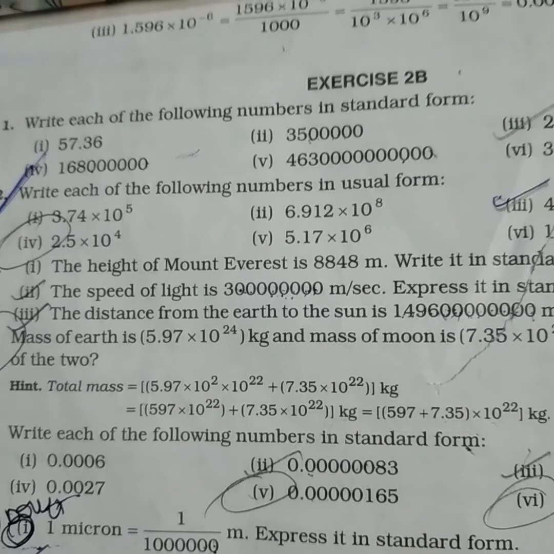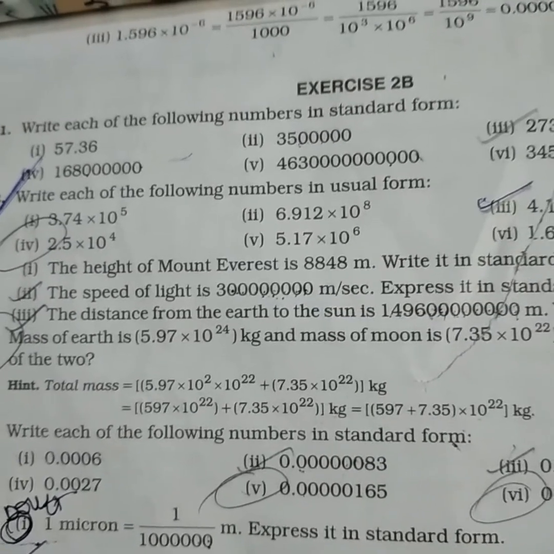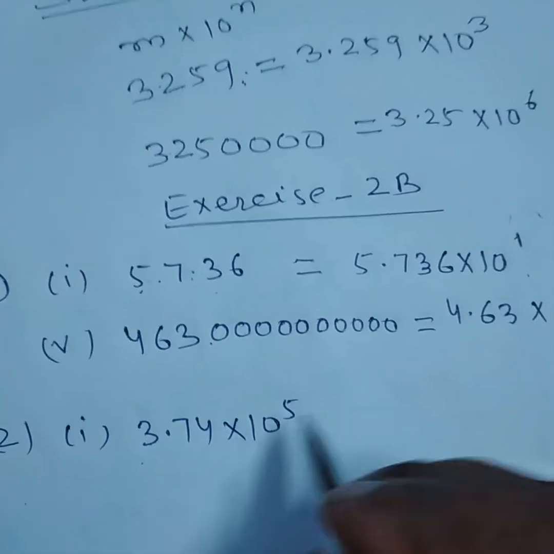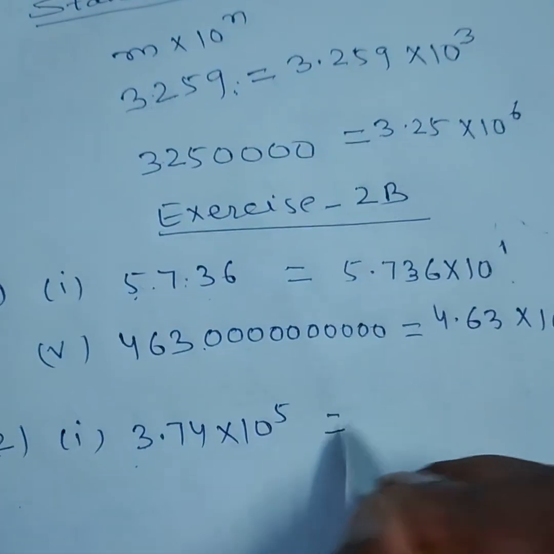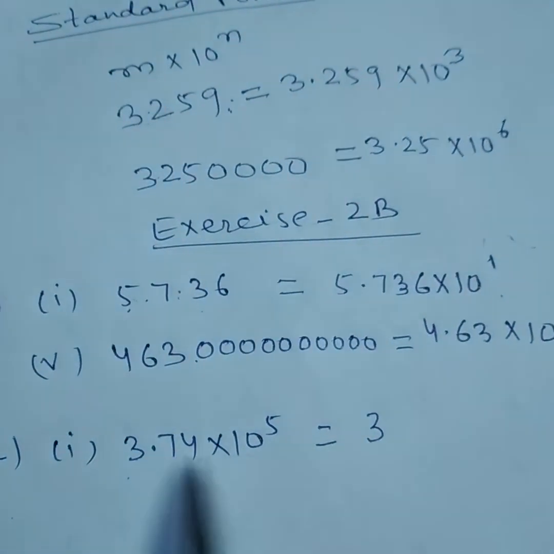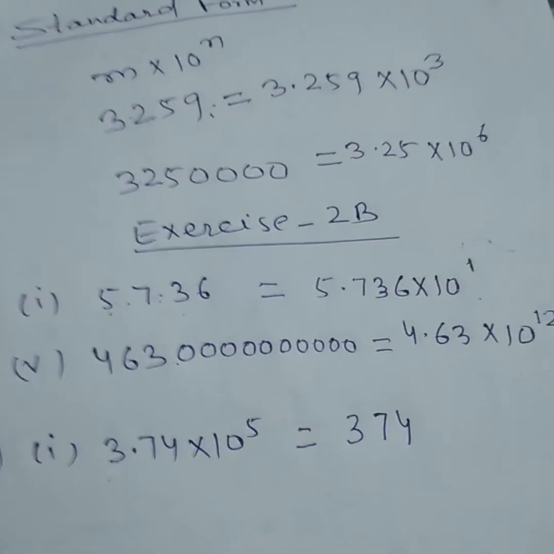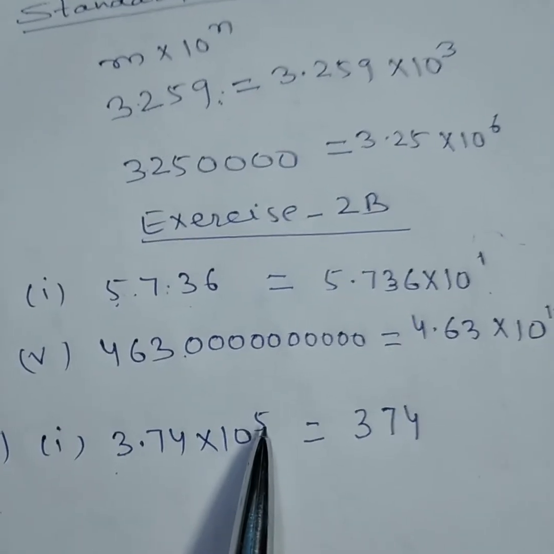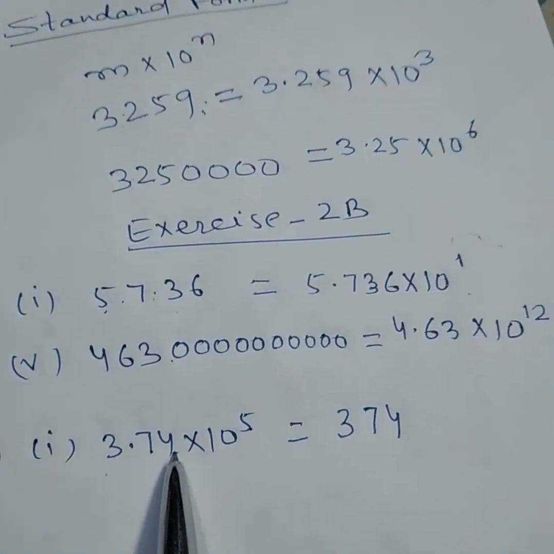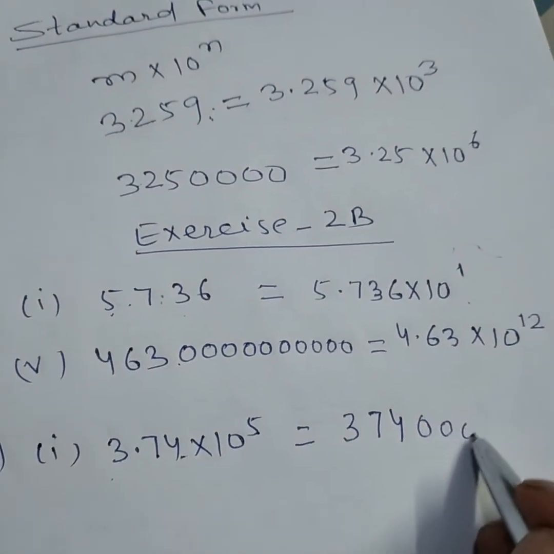In question number 2, it is given in standard form and we have to write the number in usual form. 3.74 into 10's power 5 means 374, and how many 0s we have to keep, we will count. Here it is 5, but the decimal has 2 digits, so the remaining 3 zeros we have to keep here. 1, 2, 3.